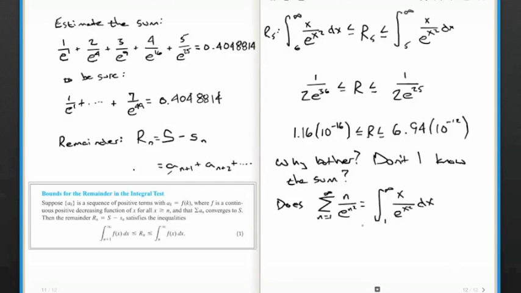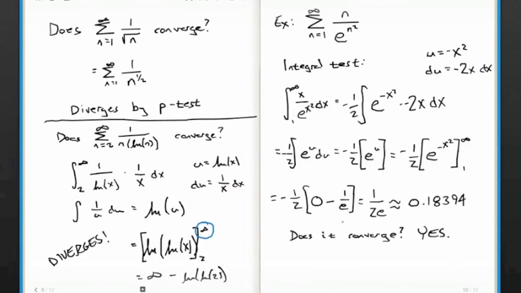Well, I came up with a sum of the first 5 terms of 0.404, and the first 7 terms, 0.404. But when I did this integral earlier, it converged on some value, 0.183.